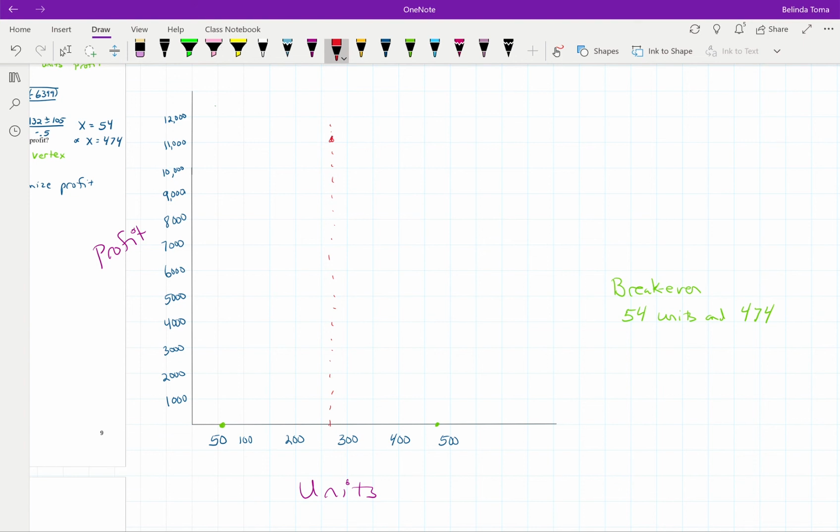And if I connect and make my parabola, then this is a visual representation of what we did. And you can see that the maximum is at 264 units, and the profit there is $11,025. That concludes this video.